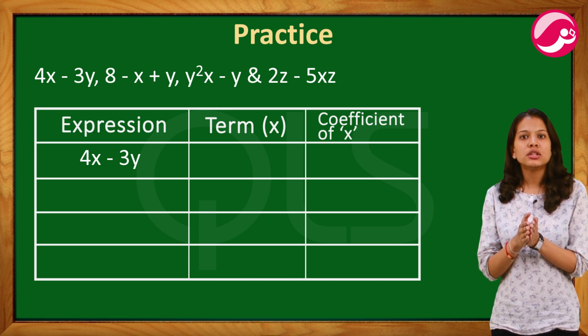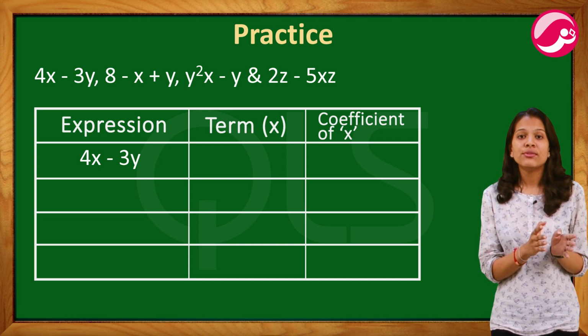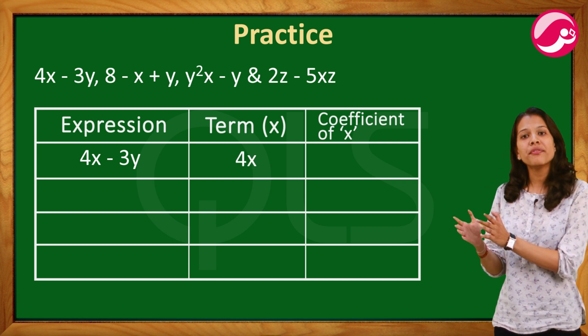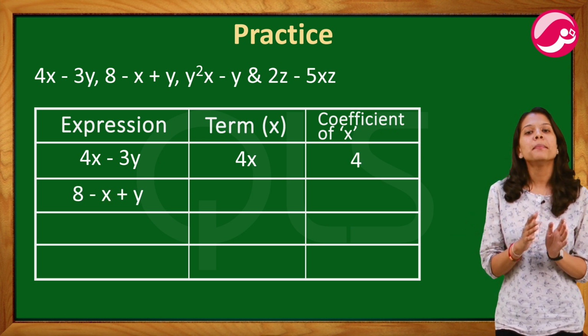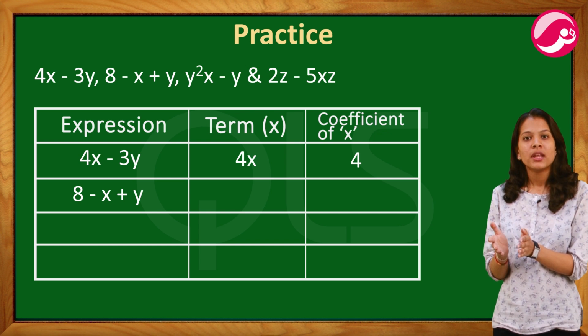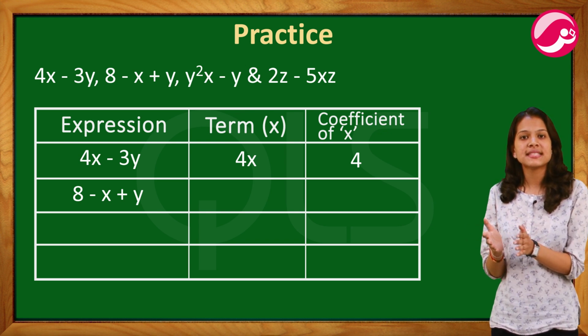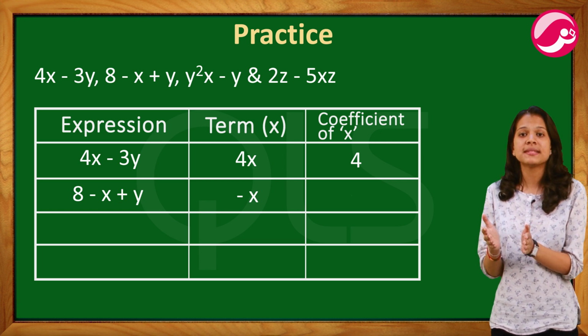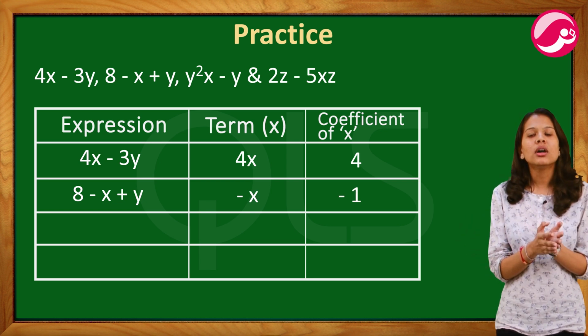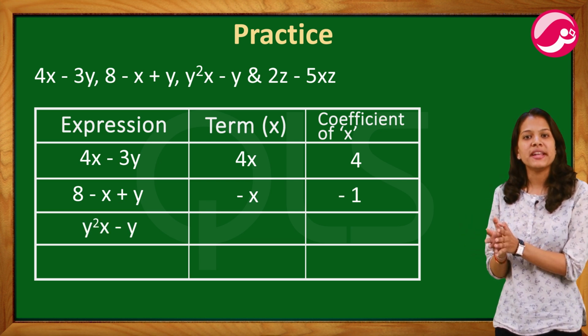In this expression, the term with factor x is 4x and the coefficient of x is 4. Now the second expression is 8 - x + y. The term with factor x is -x and the coefficient of x in this expression is -1. Now the third expression is y²x - y.